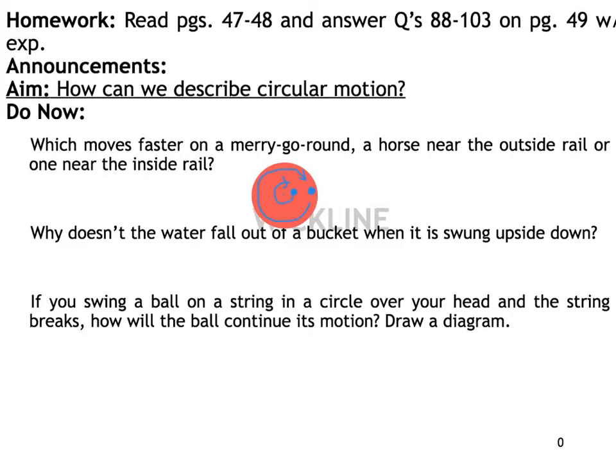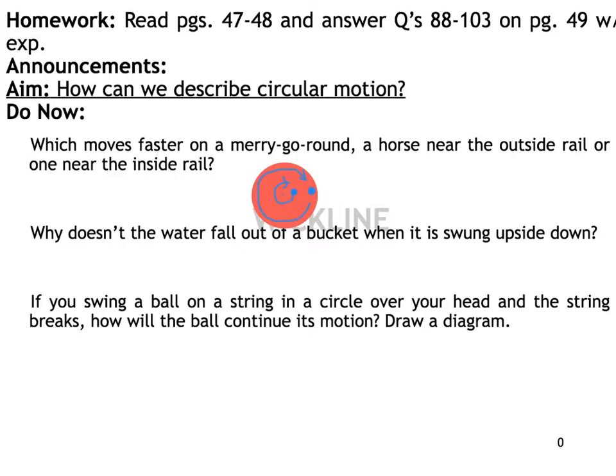So my explanation for the first question, which reads, which moves faster on a merry-go-round, a horse near the outside rail or one near the inside rail? My explanation involves this little diagram I just put in. So here's the top view of the merry-go-round, and this blue dot is the horse near the outside rail, and here is a horse near the inside rail.